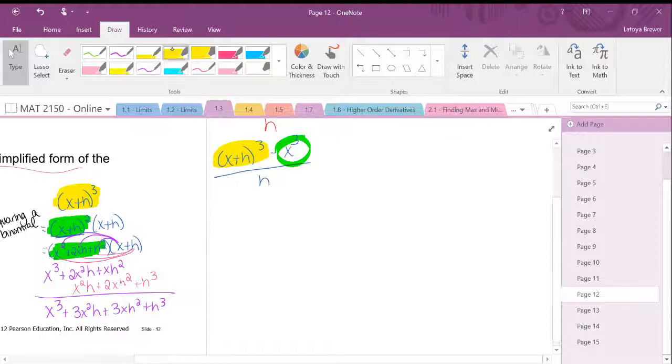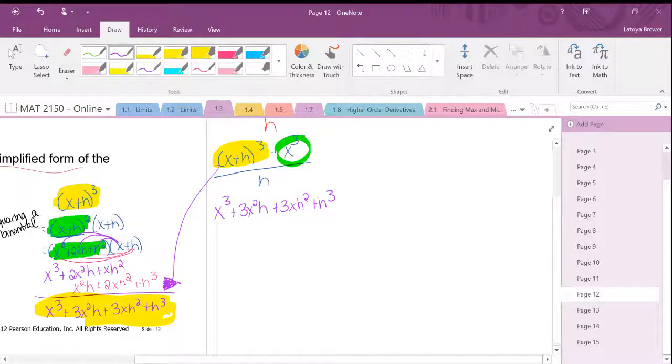All right, so I'm going to highlight this in yellow because what I did is I expanded that x plus h cubed and found that this is what it is equivalent to. So I'm going to replace the x plus h cubed with the x cubed plus 3x squared h plus 3xh squared plus h cubed.